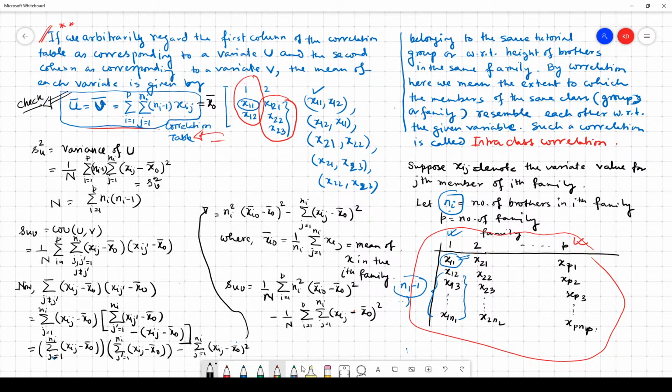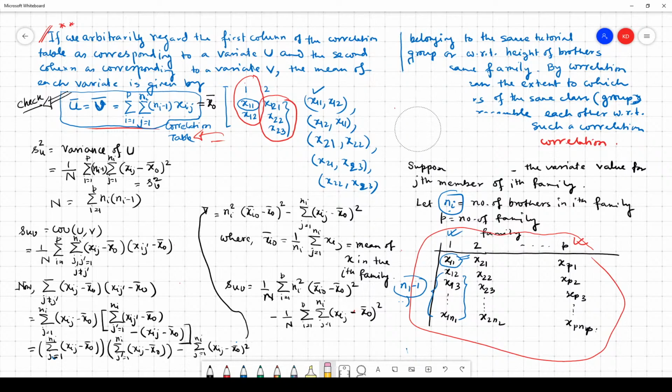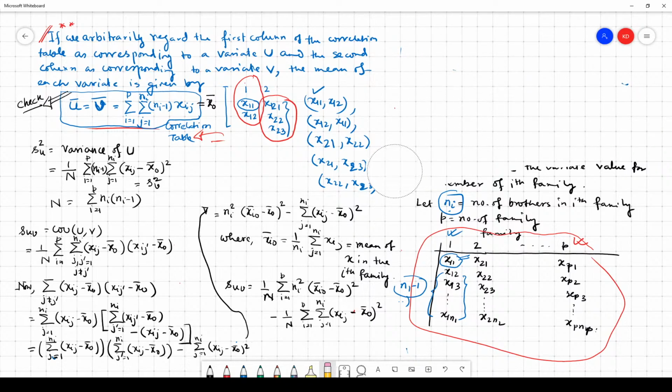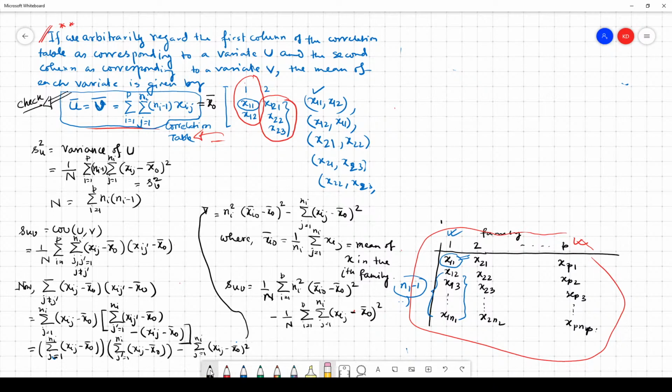So therefore, the intraclass correlation coefficient is defined as R with suffix capital I for the intraclass correlation. Okay?